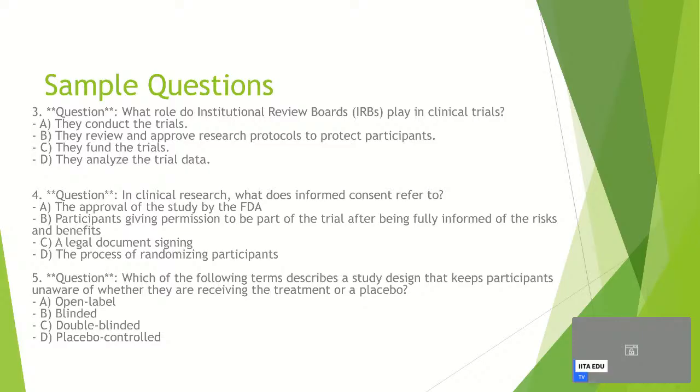Pause for 1 minute to figure out the answer, either A, B, C, or D. Finally, question 5. Which of the following terms describes a study design that keeps the participants unaware of whether they are receiving the treatment or a placebo? A, open label. B, blinded, C, double-blinded. D, placebo-controlled.